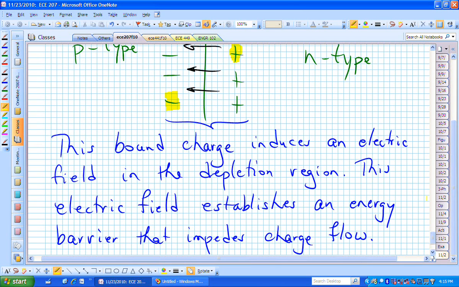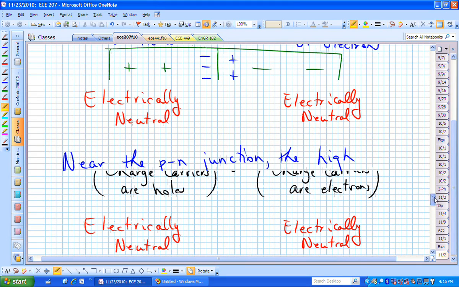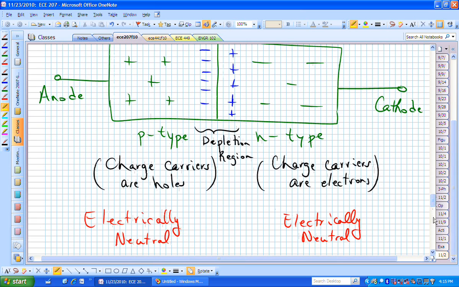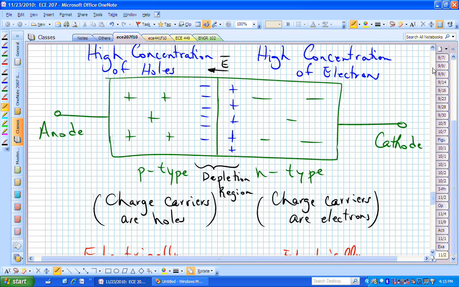Well, what we have to remember is that in this picture, as I've drawn it so far, I have not connected my anode or cathode to anything. So there's nothing there, and really this is just an electrically neutral material. Even though one is doped positively and one is doped negatively, it's an electrically neutral material.